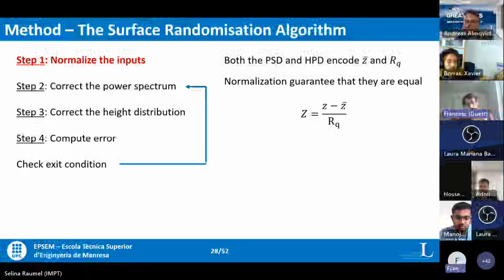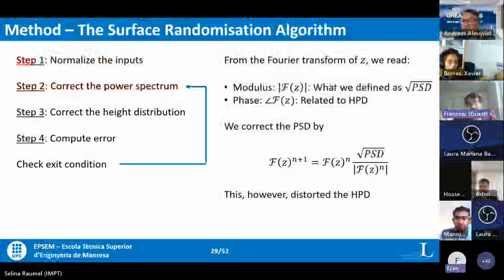And so, going to the meat. We start by correcting the power spectrum. We usually start with a height distribution that we have inputted. That might be, for example, random noise. It might be white noise. Then we take the Fourier transform of that, and we set the absolute value to what we defined as the square root of the power spectrum, while the phase is somewhat related to the height probability distribution, but not directly. What we want to do is to only change the modulus.